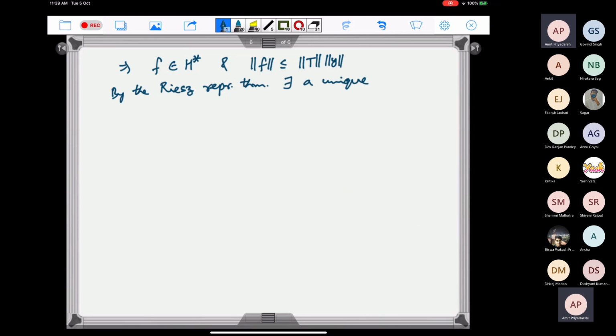So let's call that unique vector z sub y belonging to H, such that f is equal to f of z sub y.